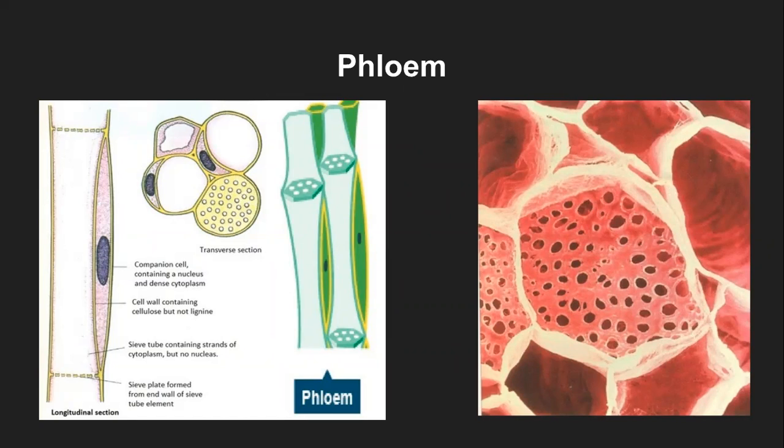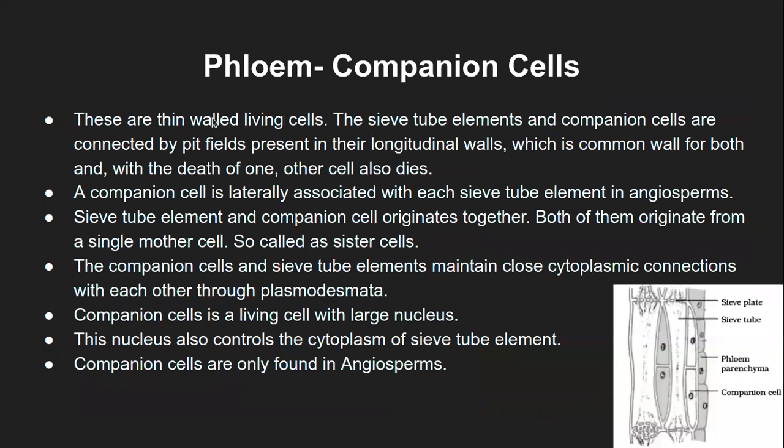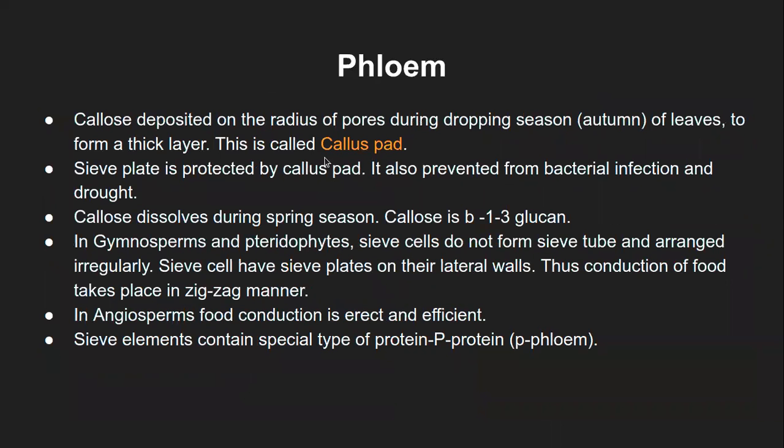Slightly it will block these pores, and that will form a callose pad. Because it is forming a layer of callose on the whole of this sieve plate, it will form this callose pad.